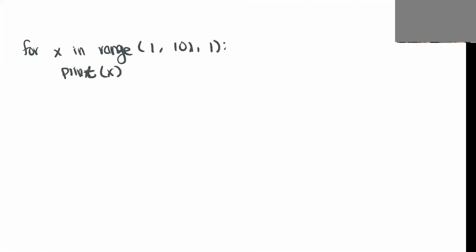What we did was for x in range 1 to 101 to 1, print x. We established earlier that range 1, 101, 1 would give us the numbers 1, 2, 3, 4, all the way up to 98, 99, and 100.